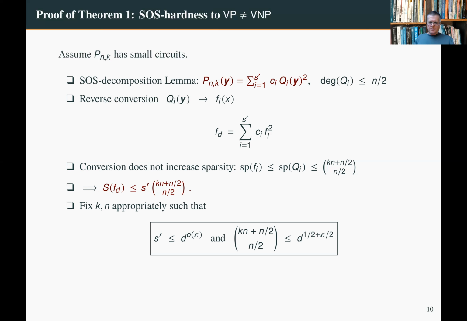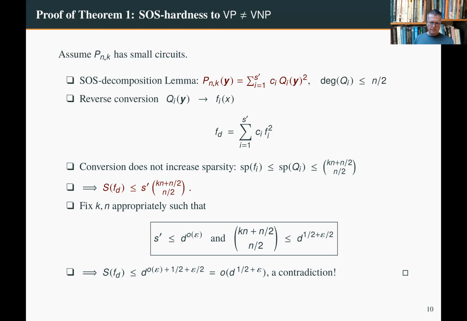And we also have bounds on S prime by the decomposition lemma. And now here I hide all the hairy calculations. These are the final estimates we get. So we can actually show that S prime is bounded by d to the small o of epsilon, so that is smaller than epsilon, and this is bounded by d to the half plus epsilon by 2.